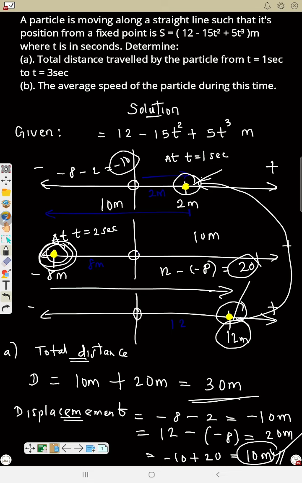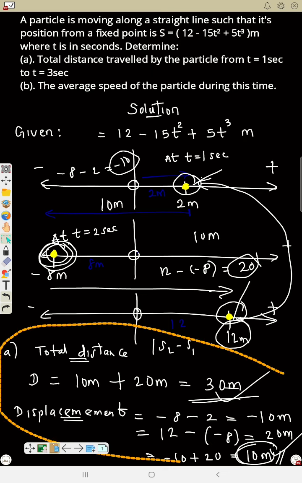According to this question, the distance traveled is 30 meter, while the displacement is 10 meter. Some people do distance as s2 minus s1, this is wrong. You can only do this for displacement. As you can see, final position 12 minus initial is 10, but distance is not true. Magnitude of displacement is distance.